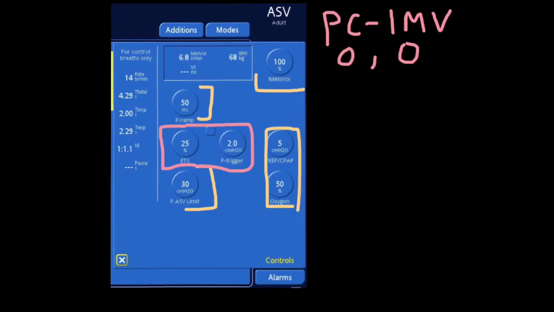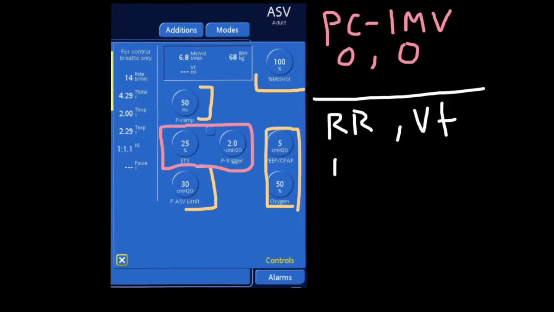As you notice, compared to my traditional set point, this is what the operator does not set, and I'm just going to put that in white. The operator does not set a respiratory rate, or frequency, a tidal volume, IE ratio or inspiratory time, as you saw with the traditional pressure control IMV.